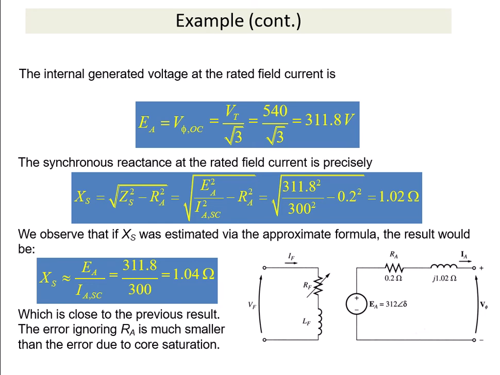We got the two values by different methods: the first by using the impedances, and the other by using the voltage and impedance formula. Both results are closely related, and the error from ignoring RA is much smaller than the error due to core saturation.